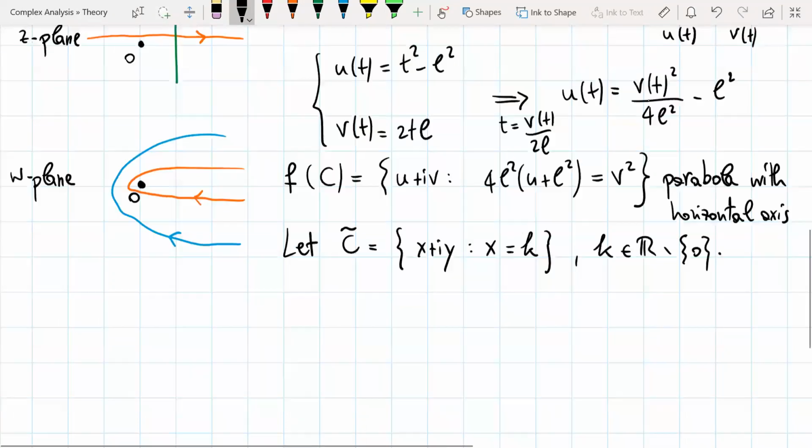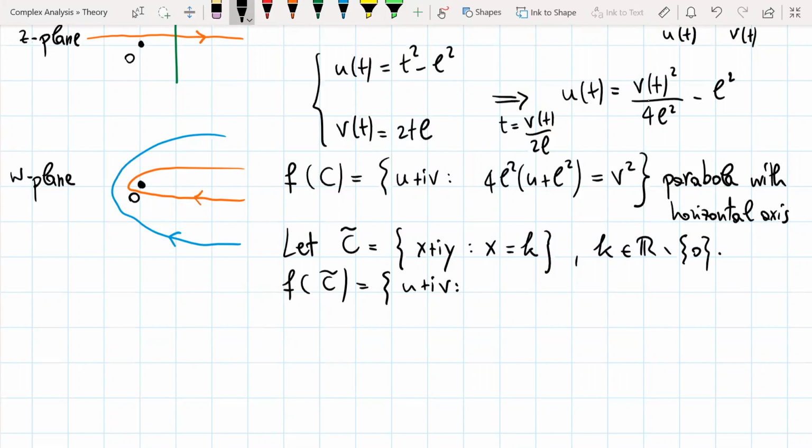Then we can do a similar computation as above, and we will find out that f of C tilde, these are the u plus iv, such that minus 4k squared times (u minus k squared) is equal to v squared.